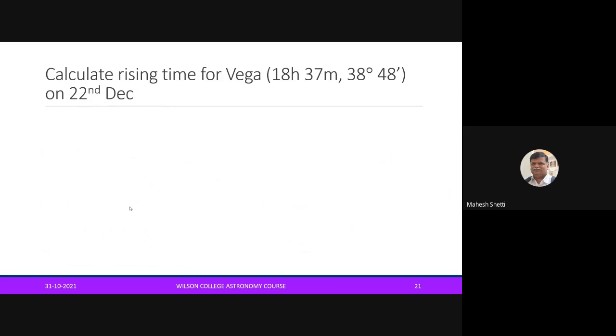So the first question: calculate the rising time for Vega, at 18 hours 37 minutes, 38 degree 48 minutes, on 22nd December. What is asked is at what time the Vega star will rise. See what coordinates are given to you.